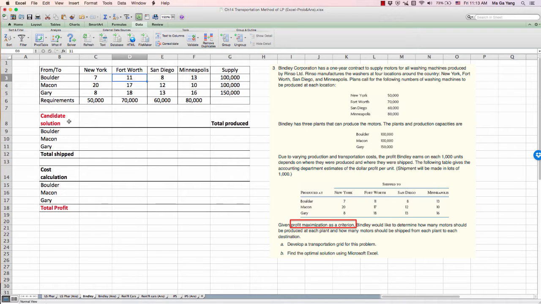So there are 2 tables here again: the candidate solution table and the cost calculation table. Here total profit is the only difference. Otherwise the process will be exactly the same. So put 0. And then for the sum, use the sum function.